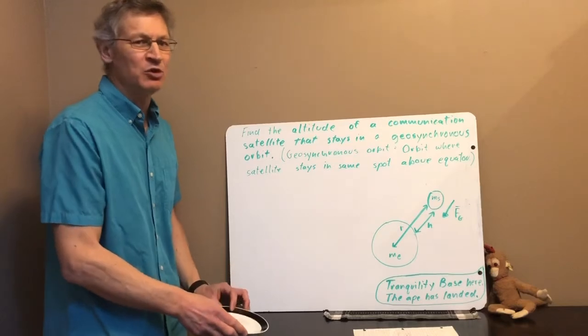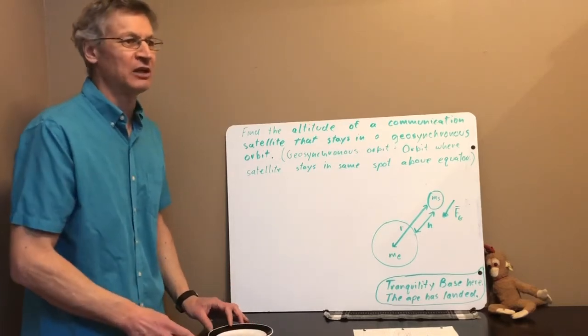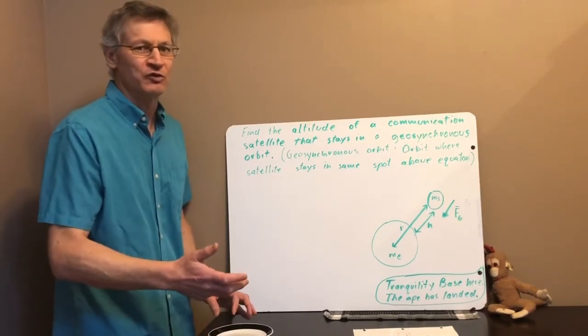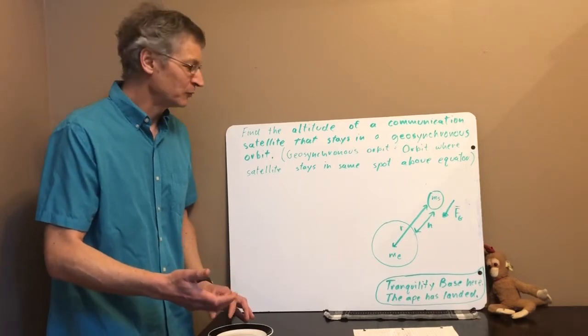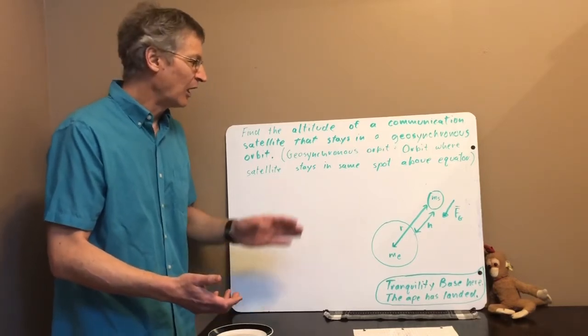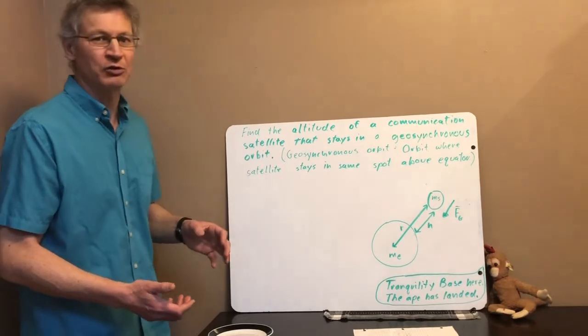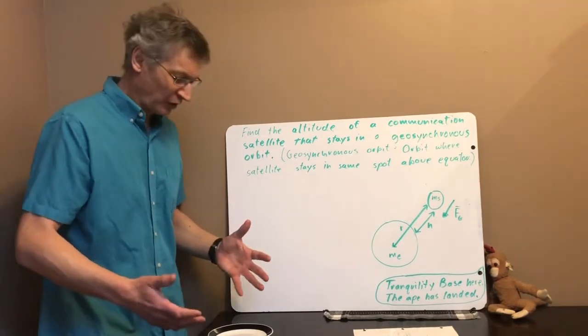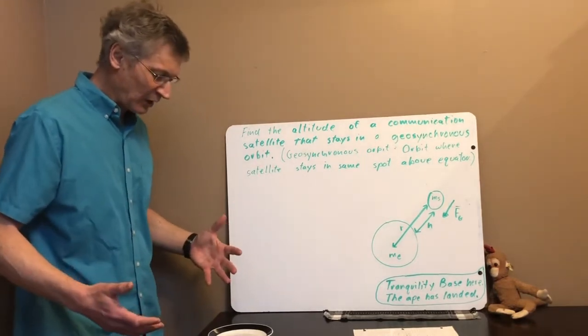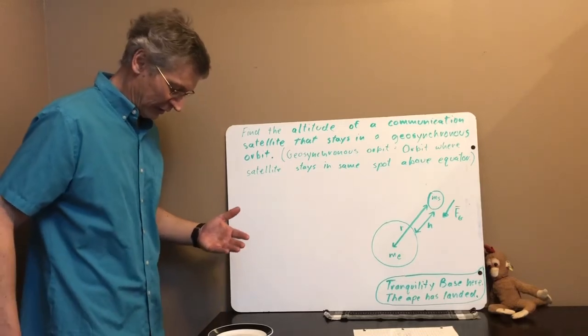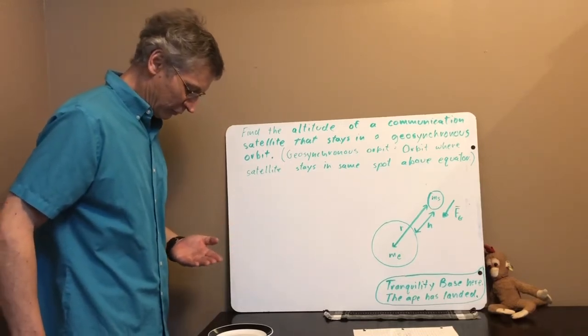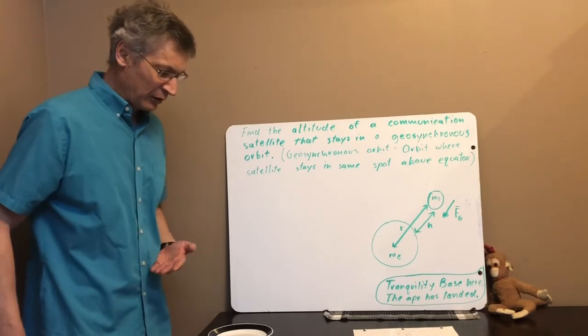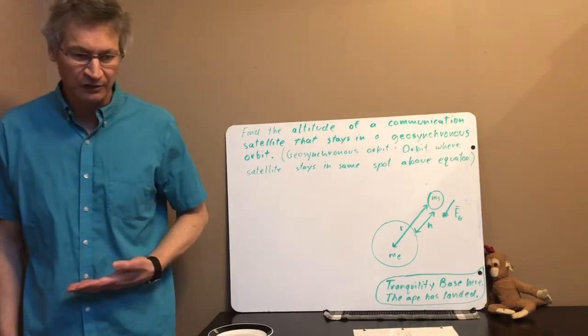That's because communication satellites, the ones that carry our cell phone signals and our TV signals, they are in this thing called a geosynchronous orbit. Here's how that works. Imagine I'm the Earth, and let's say right there is the equator, and of course the Earth rotates on its axis.